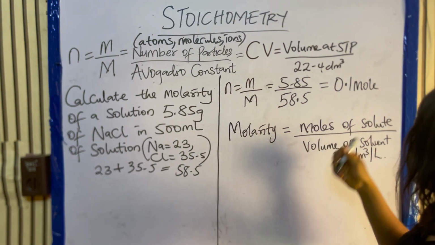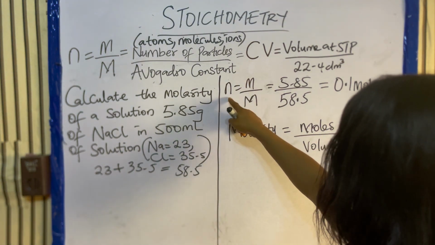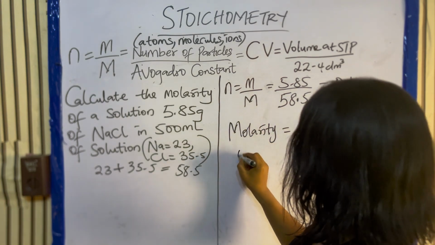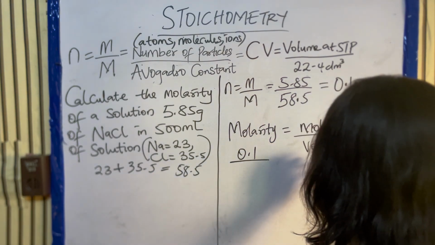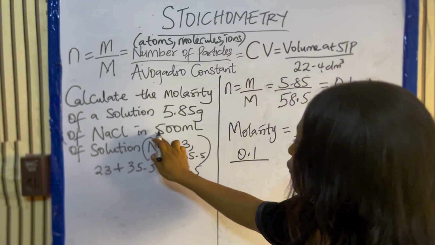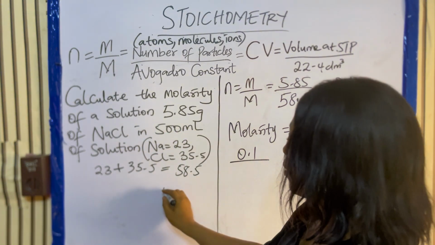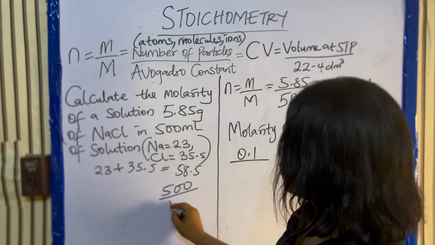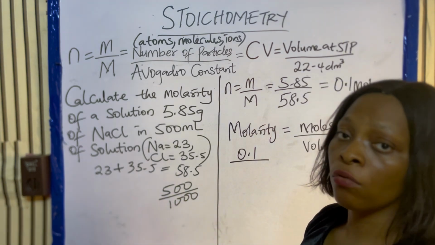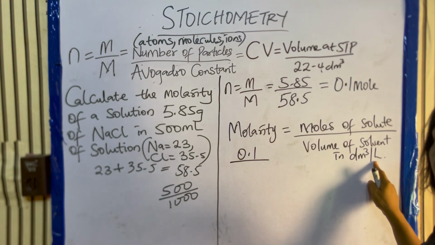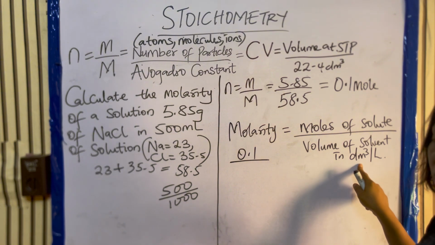So what's the moles of solute we have? Now we have the moles of solute to be 0.1 divided by volume. What's our volume? Our volume is in milliliter. So we're going to convert by dividing by 1000, in order to convert it to what? Liter. It must be in liter or in dm cube.